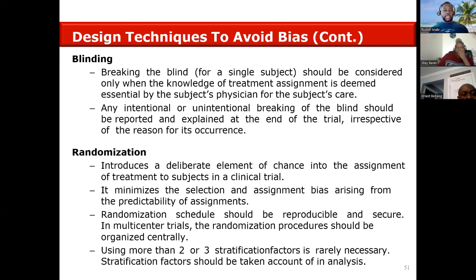Now, what happens is that the investigator will reach out to the sponsor and say, hey guys, I need to know what kind of treatment the patient is receiving. Either they're getting a placebo or they're getting the active ingredient. If they're getting the active ingredient, I want to know if I'm going to stop them from this therapy.